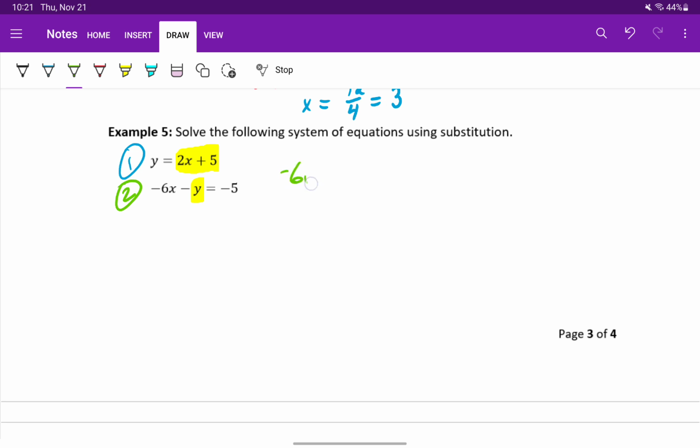That means we'll have negative 6x minus, and we'll substitute in a set of parentheses here, 2x plus 5 equals negative 5. That set of parentheses will help remind us that we need to distribute that negative through both terms, meaning this will become negative 6x minus 2x minus 5 is equal to negative 5.